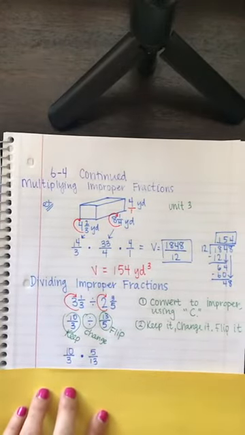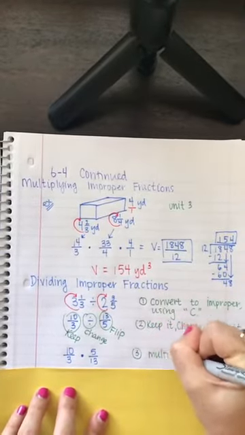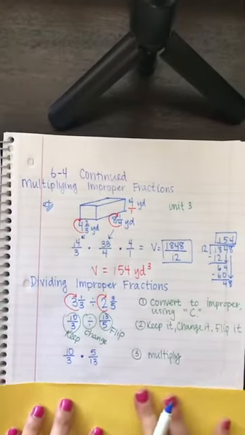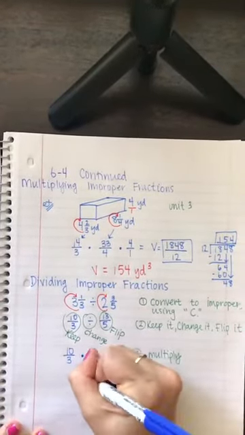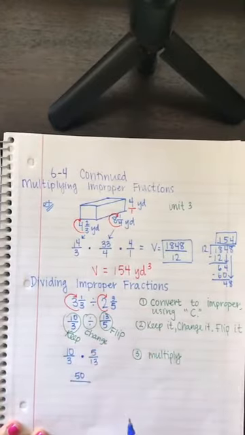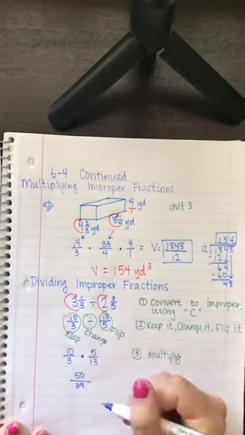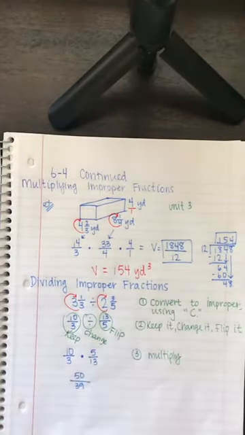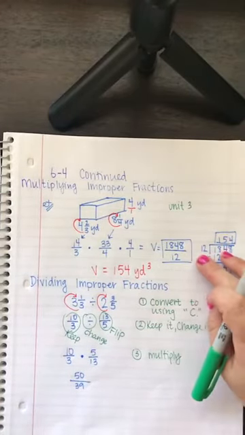Okay, so my third step now is to multiply. Ten times 5 is 50, and 3 times 13 is 39. So here I have an improper fraction, but just like up here, we should really put it into a mixed number.